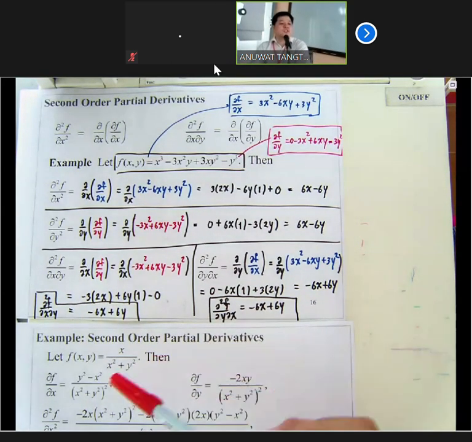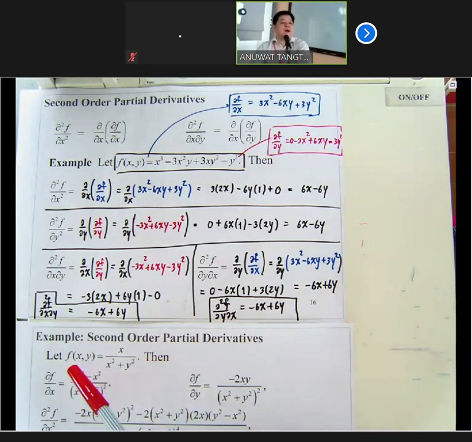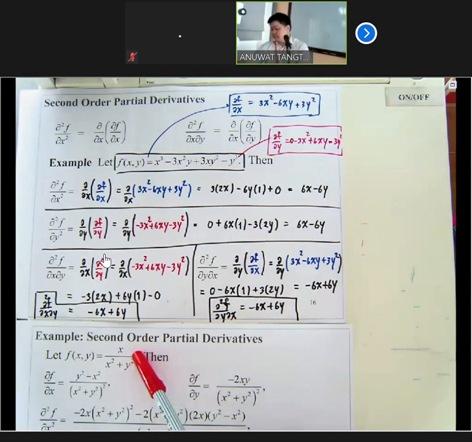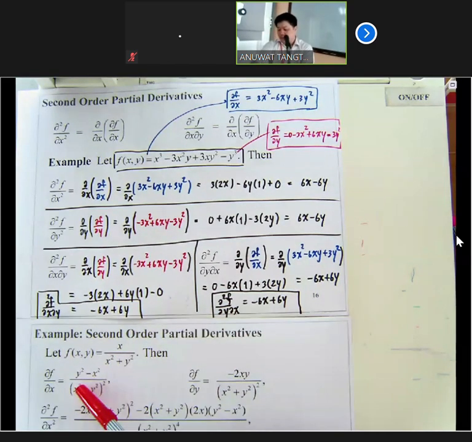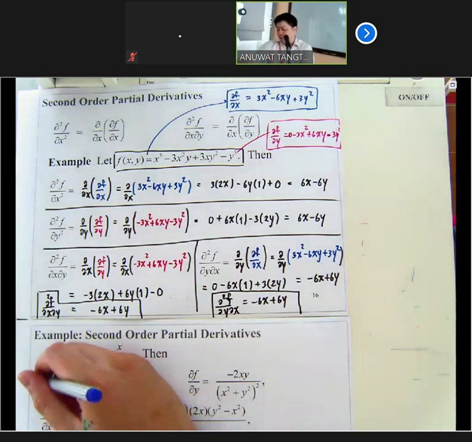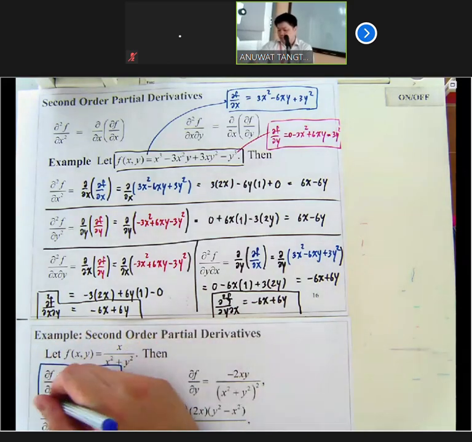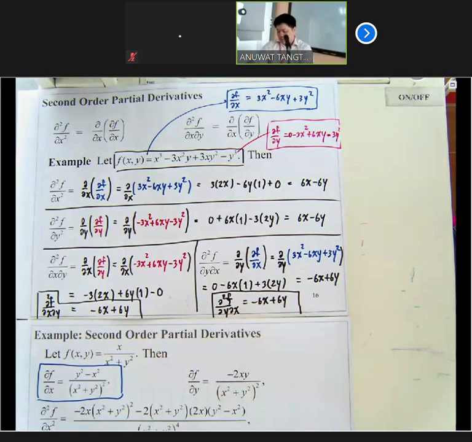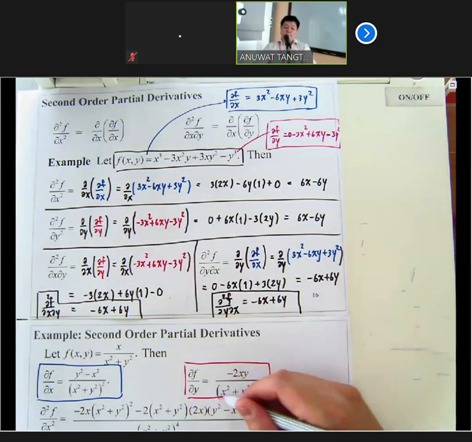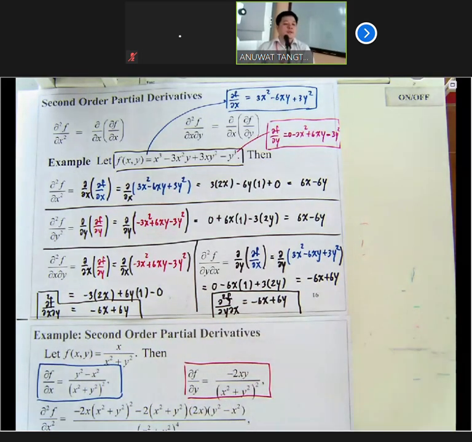This is a function we have found. This is the result that we have got. We have already got this one before.